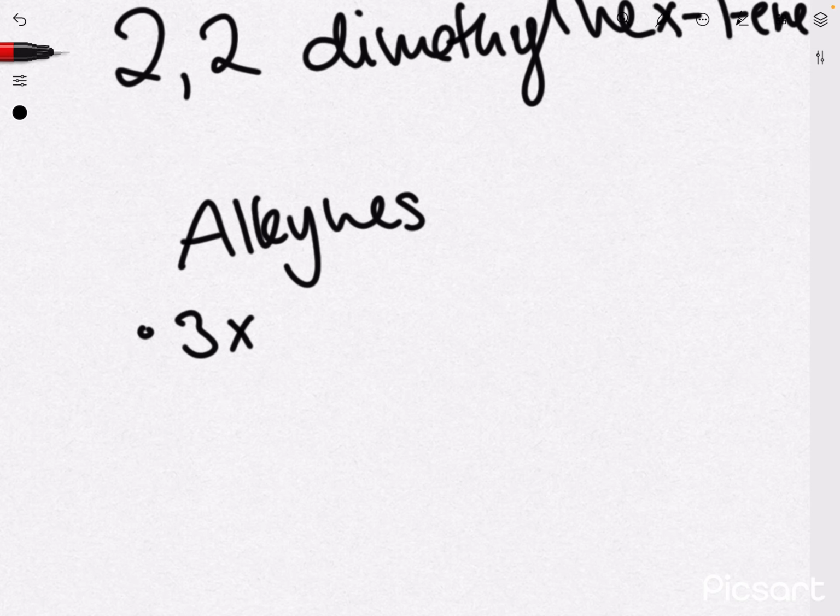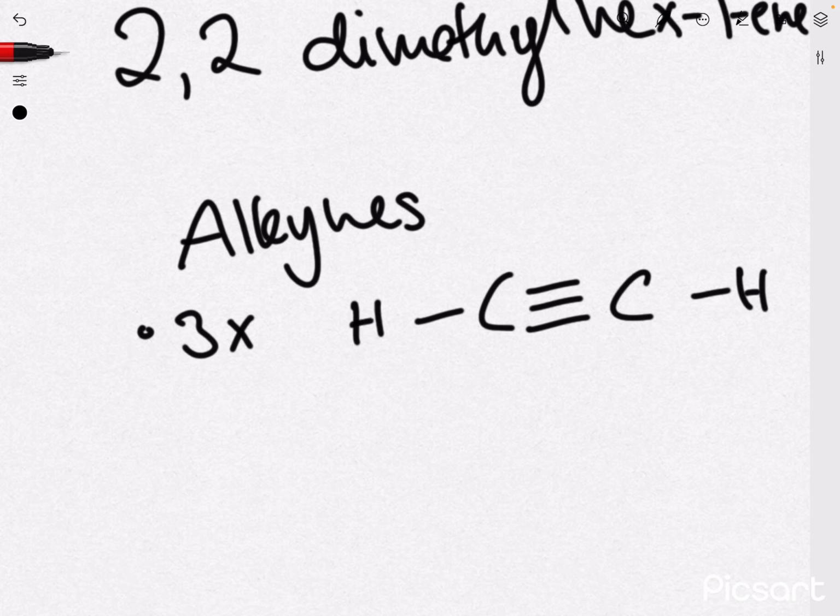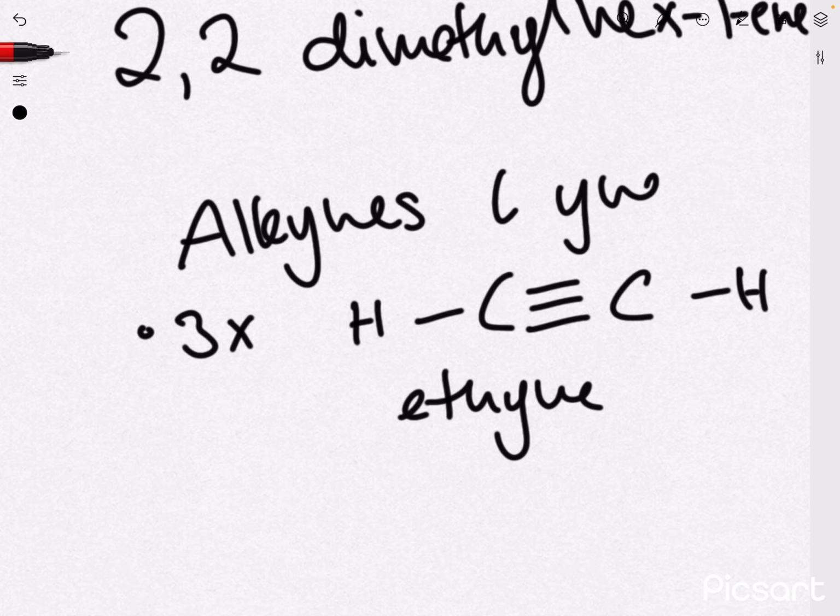So it could look a little something like this. And this is ethyne. And the functional group is alkyne, and your suffix will be -yne.